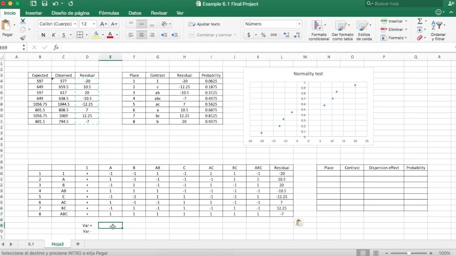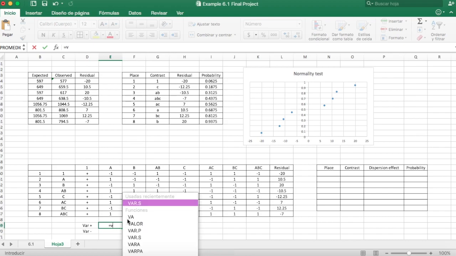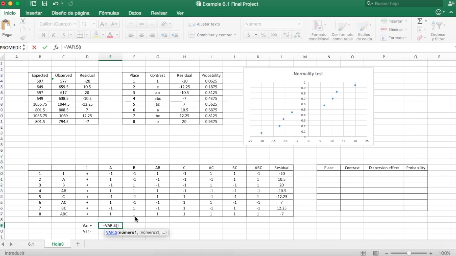So here you have. Then the variance of the positives of A is VAR.S.